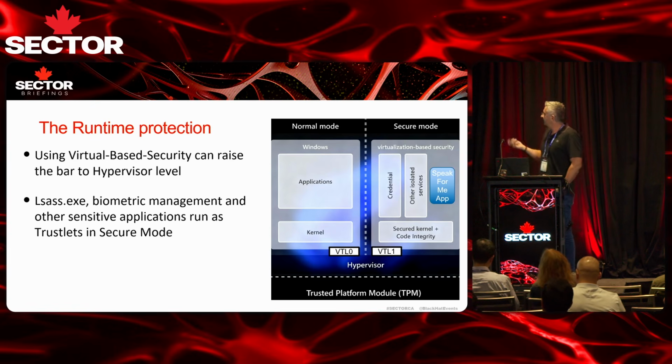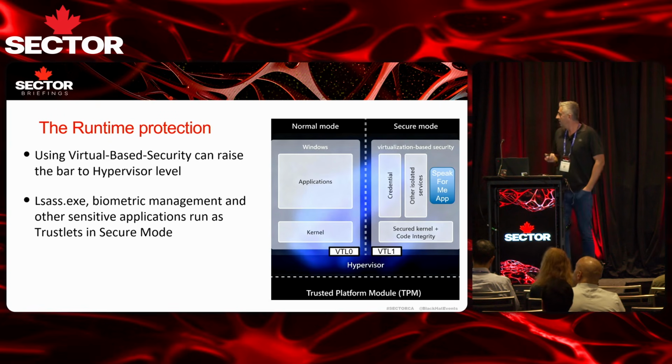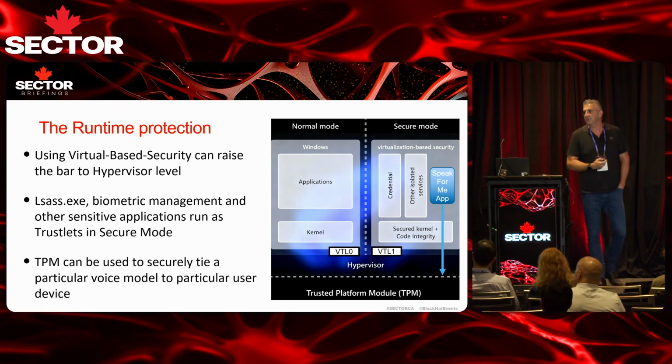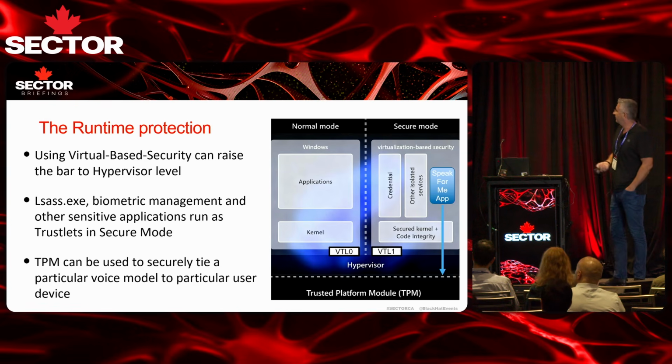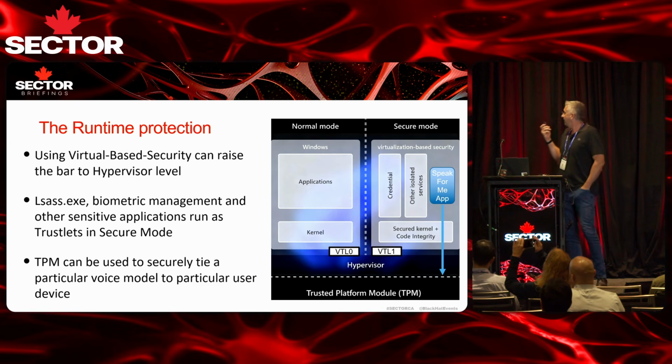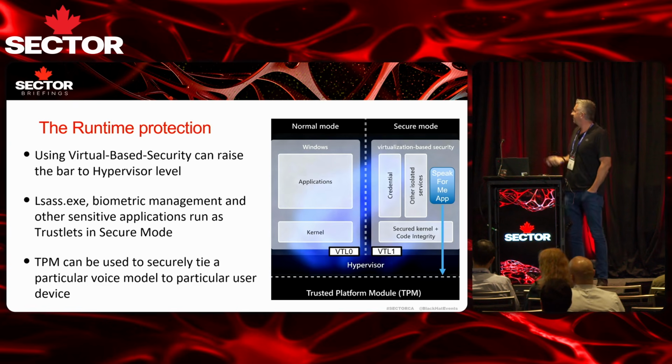As I mentioned, VTL1 and higher VTLs are completely isolated from the main OS running in VTL0. And to raise the security bar even higher, you could seal the model encryption key inside hardware, inside the Trusted Platform Module. And you can build the design in such a way that this key would only be unsealed to the trustlet running in VTL1.